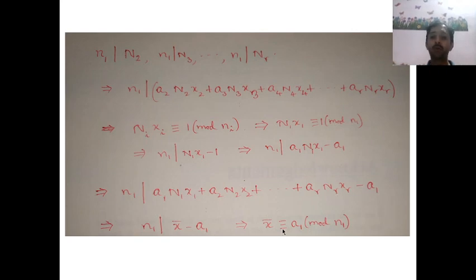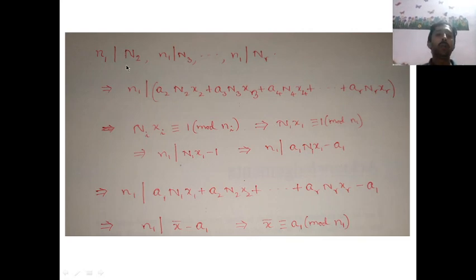And in terms of congruences, this can be understood as X bar congruent to A1 mod n1. Right? Now, this shows that X bar is congruent to A1 mod n1, which means to say that X bar is a solution of X congruent to A1 mod n1.